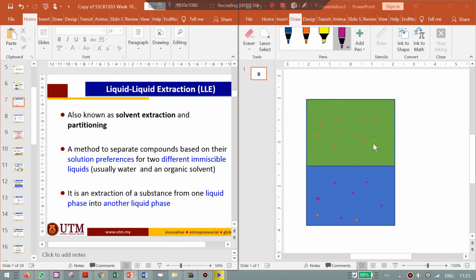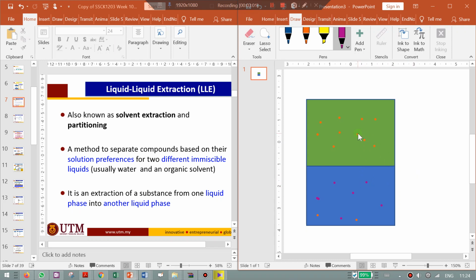We know that hexane is a non-polar solvent. Meanwhile, water is a polar solvent. So in this example, your orange one is your sample, the purple one is the impurities.